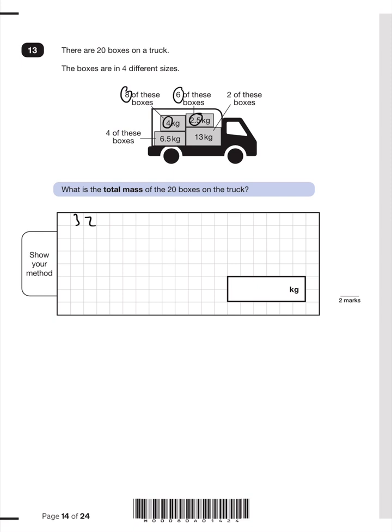Double 6 is 12. Half of 6 is 3. 12 and 3 is 15. 4 times 6 is 24. Half of 4 is 2. 2 and 24 is 26. And 2 times 13 is also 26.